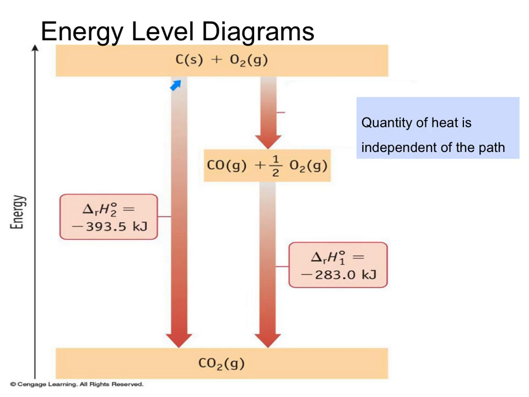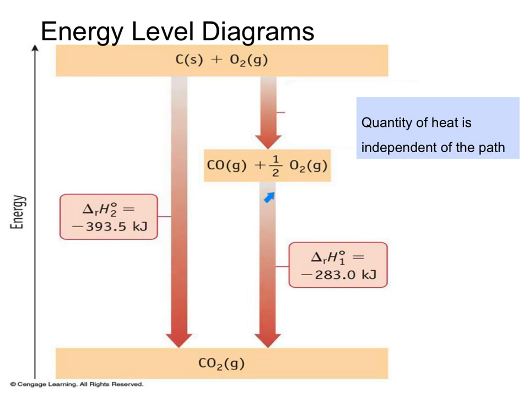And so we know that this reaction releases 393.5 kilojoules of energy. We also know that this reaction releases 283 kilojoules of energy. And so that means that the opposite direction will require an input of 283 kilojoules of energy. And so we release 393.5.